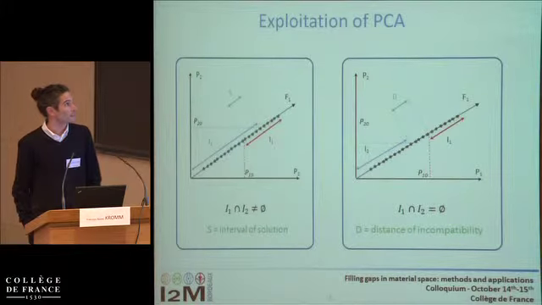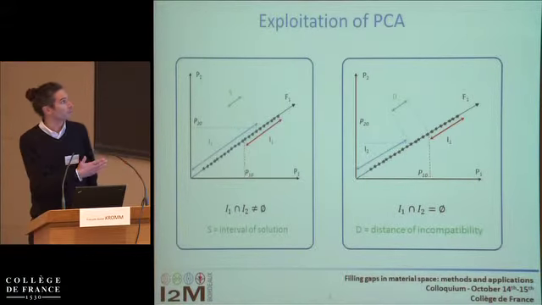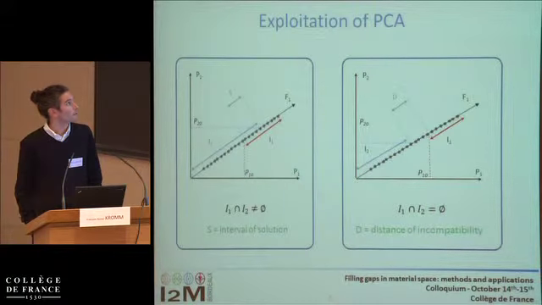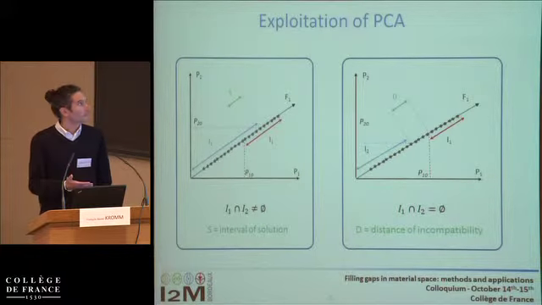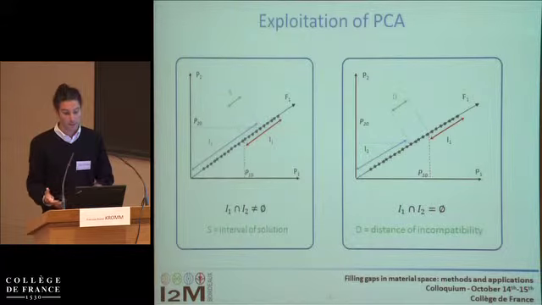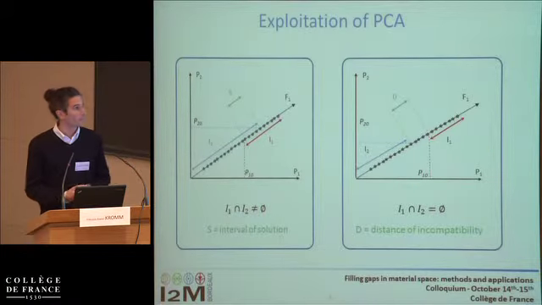Two cases can happen. Suppose we have a property P1 which has to be superior to a P10 value, and a property P2 that has to be inferior to a P20 value, which is quite a simple case. There are two possibilities. The intervals can have an intersection which is not void, so this interval will characterize a population which can be solutions.